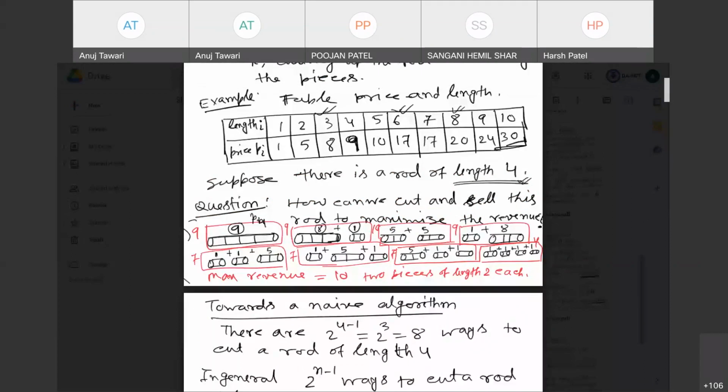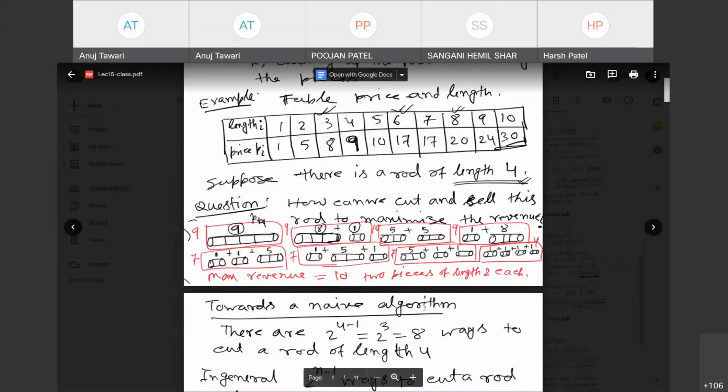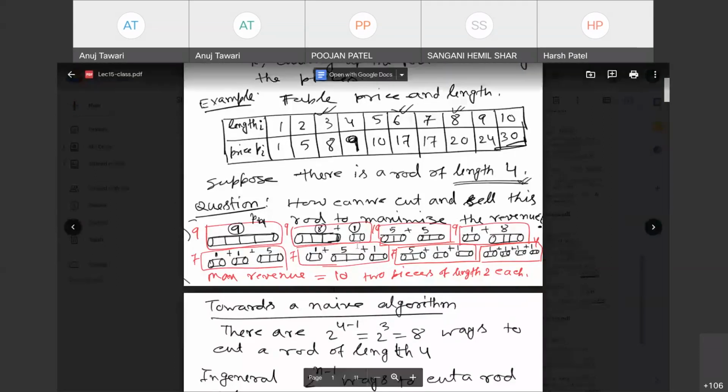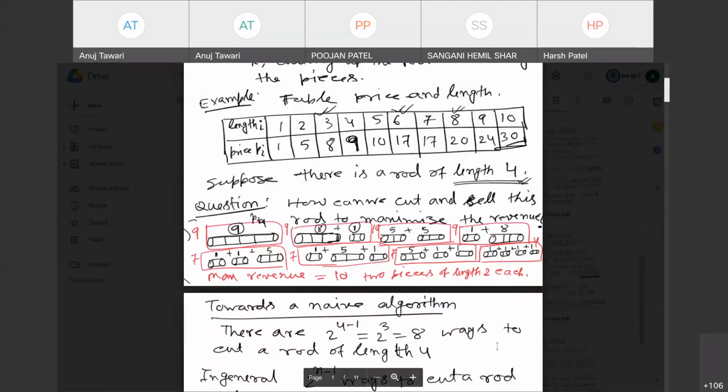So this is a bad algorithm when we consider all possible ways to cut this rod and we would like to compare their costs. So it's an exponential time algorithm. So then how do we find the maximum revenue?